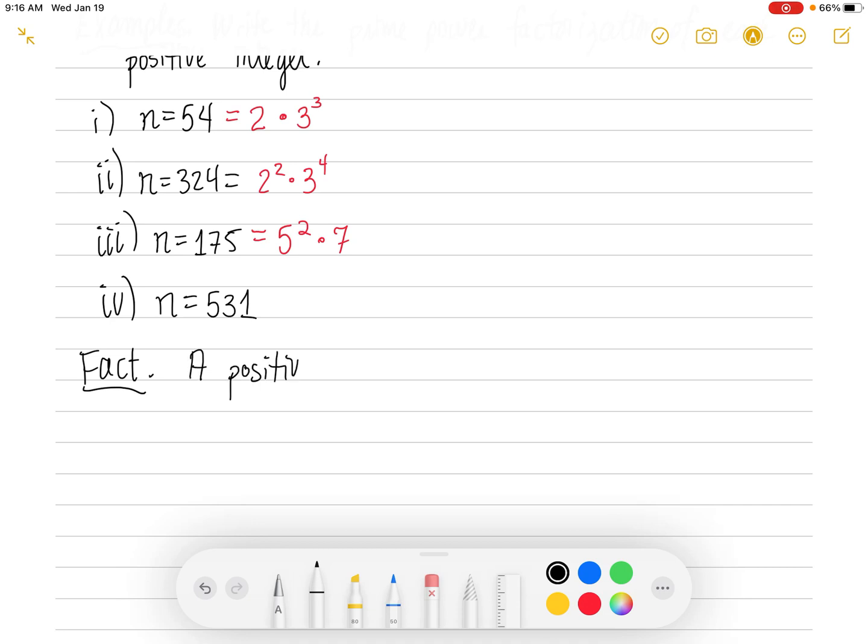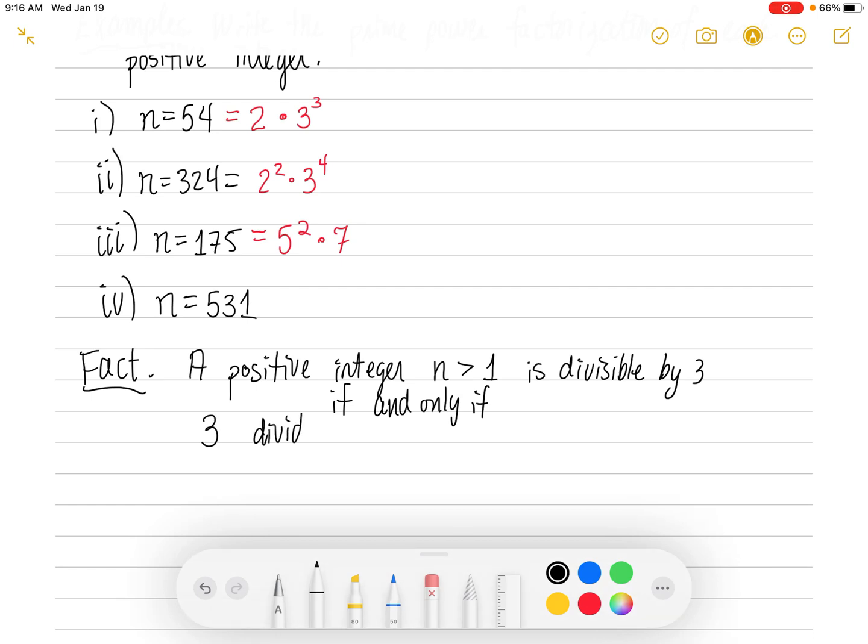A positive integer n, greater than 1, is divisible by 3 if and only if 3 divides the sum of its digits. The sum of the digits of n.